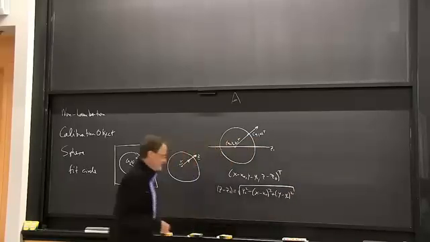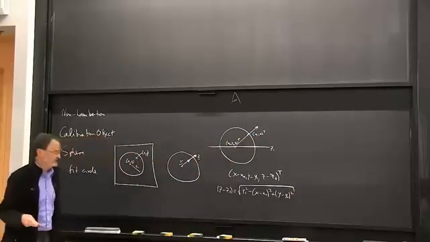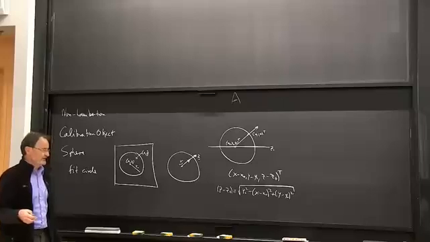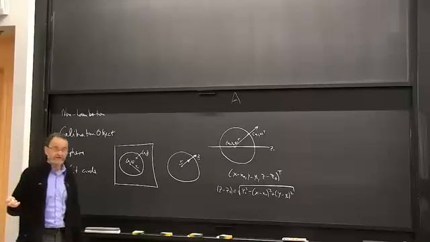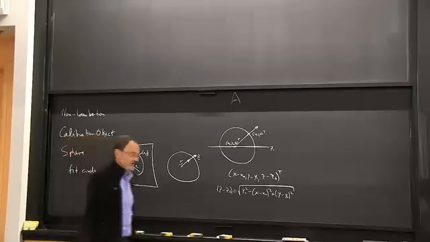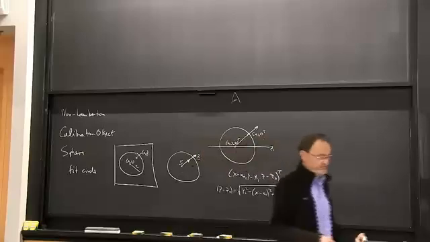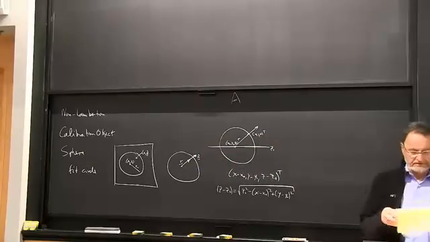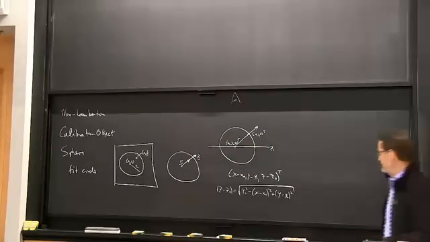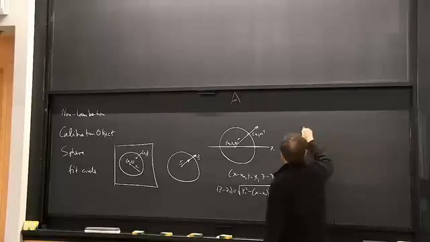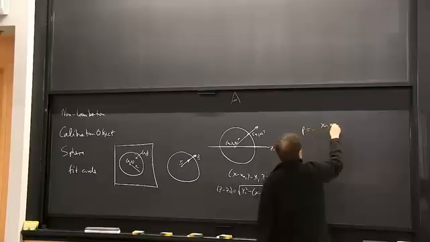Where does that come from? It comes from the formula for a sphere, which is that the radius vector has a fixed size. X minus x naught squared plus y minus y naught squared plus z minus z naught squared is r squared. Okay, so having that, we can then compute p and q.